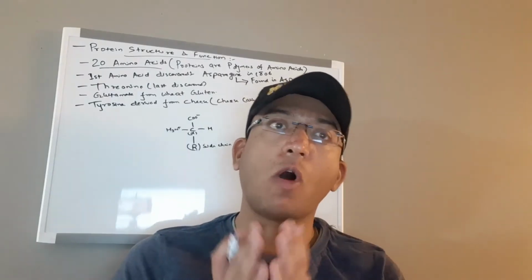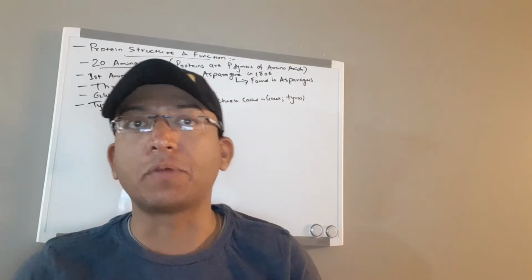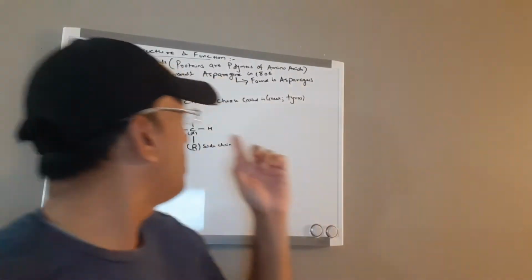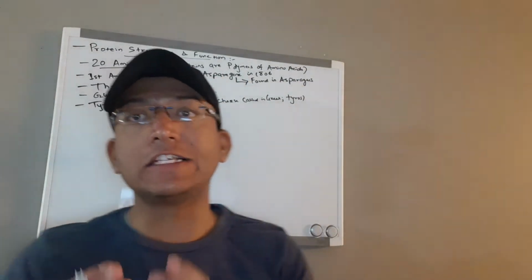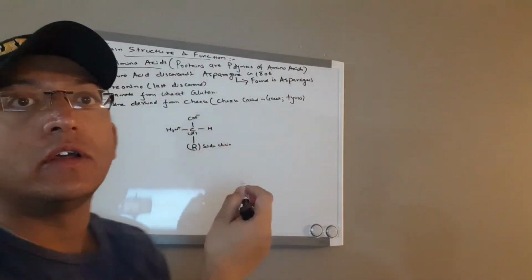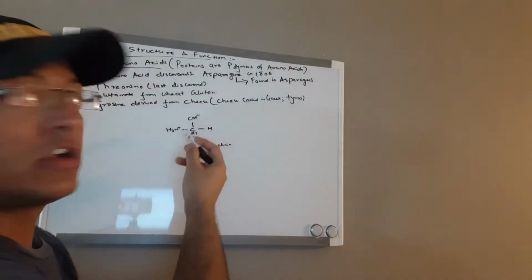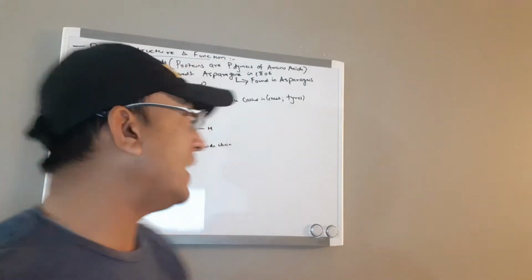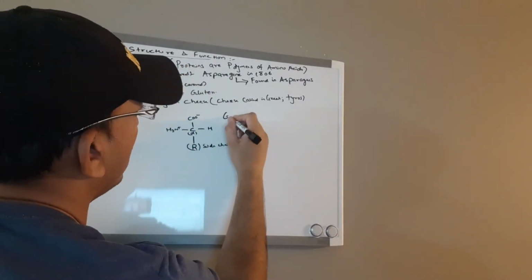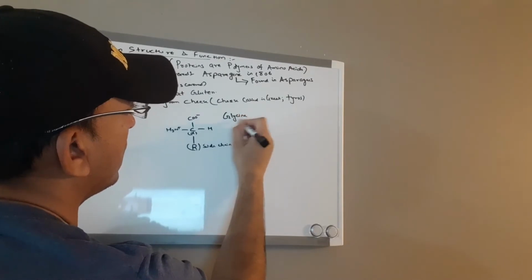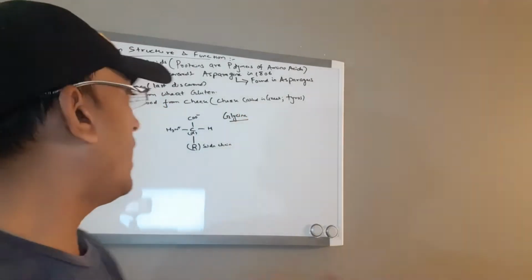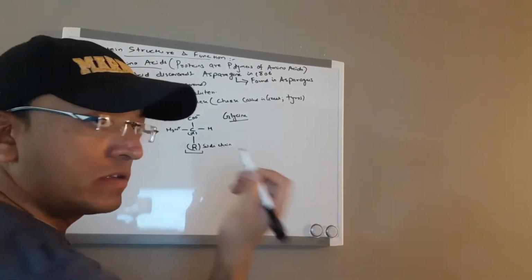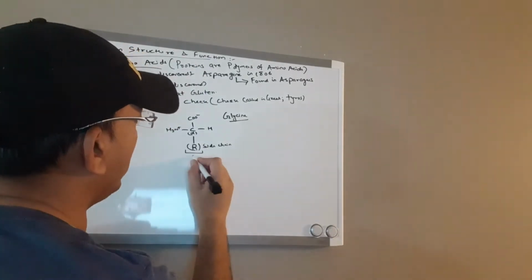For all the common amino acids except glycine, the alpha carbon is bonded to four different groups: the carboxylic group, the amino group, the R group, and the hydrogen atom. But for glycine, the R group is another hydrogen atom.